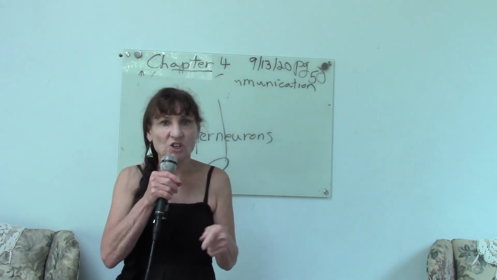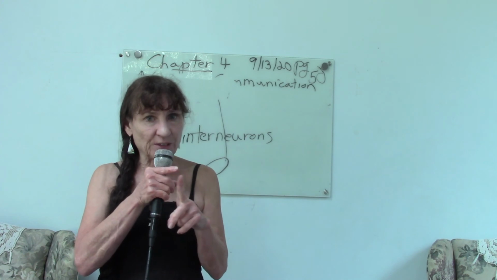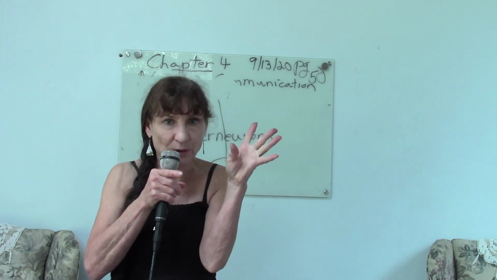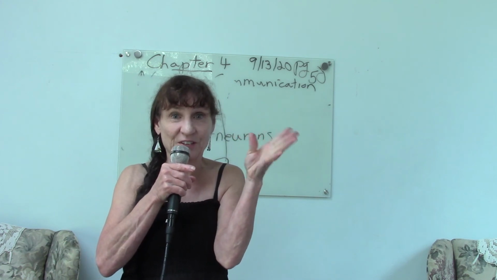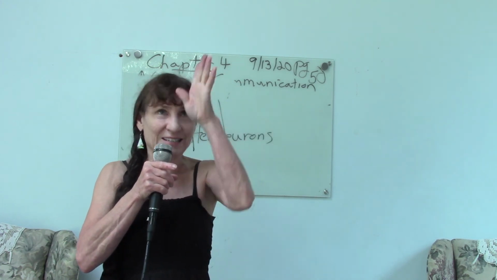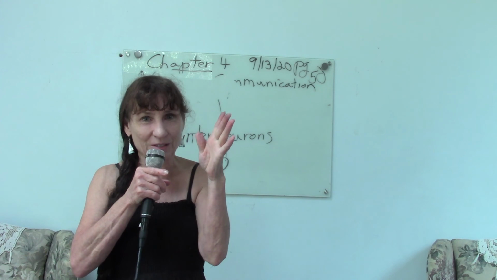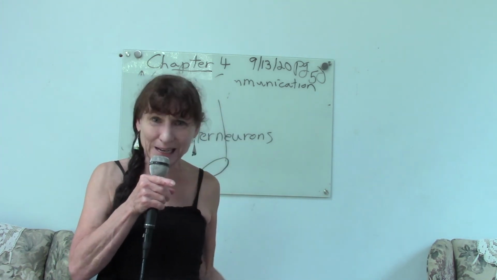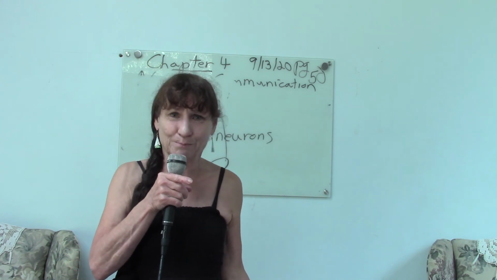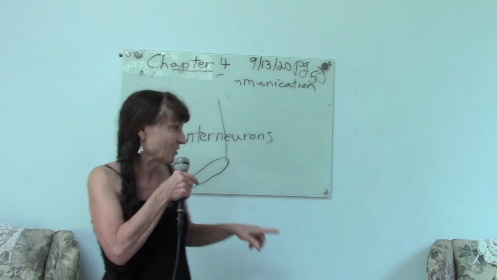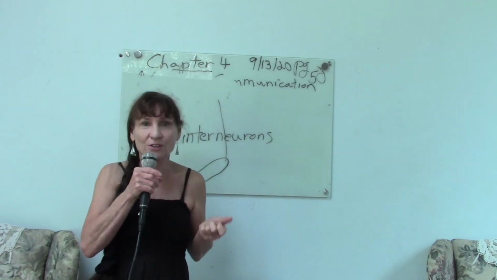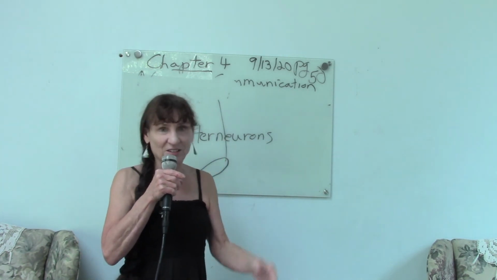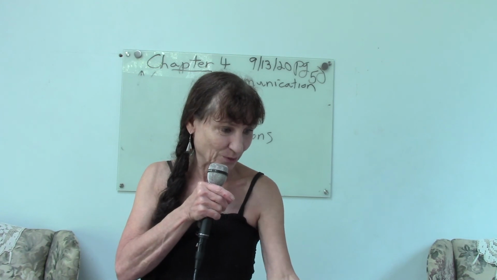If that message has to go all the way from your fingertip up your spinal cord, through the thalamus, through the part of the brain that interprets, this is dangerous, and then sends that message to the motor cortex, which has to go back through the thalamus, down the spinal cord, all the way to pull your hand back, you're going to have a third-degree burn by then. So the interneurons allow you to pull your hand back before the brain even gets the message. That's the best way I can explain it, because that's how your book does it.